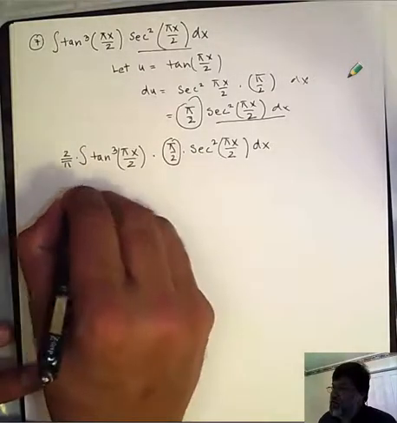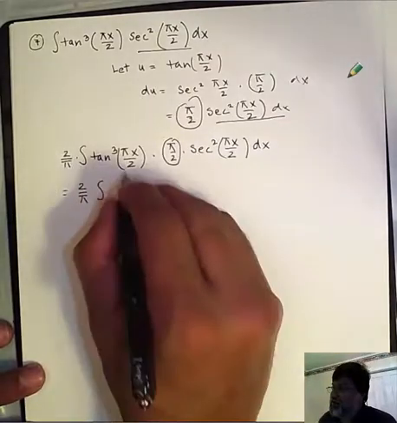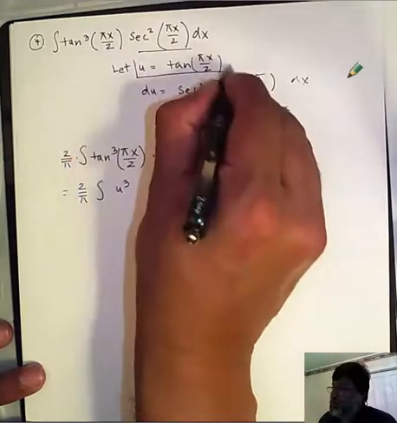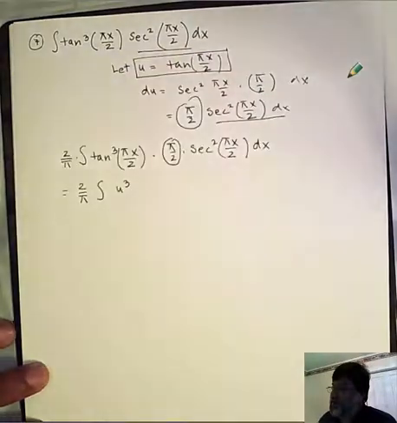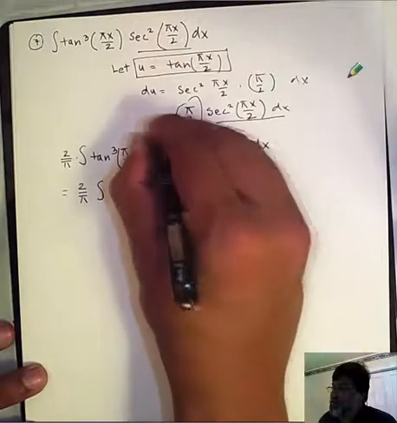So now this part is u cubed, because remember we made our u, and this part is just the u.